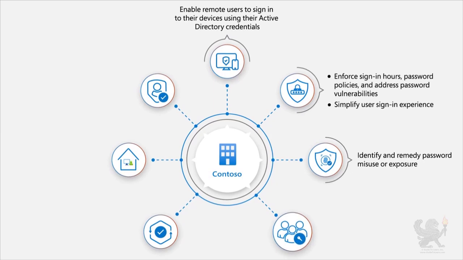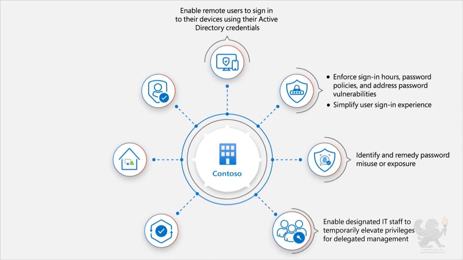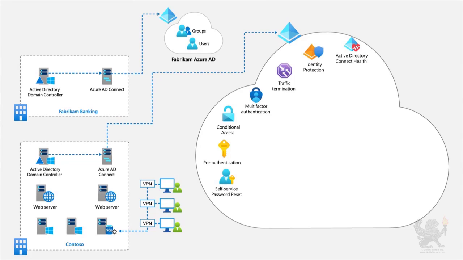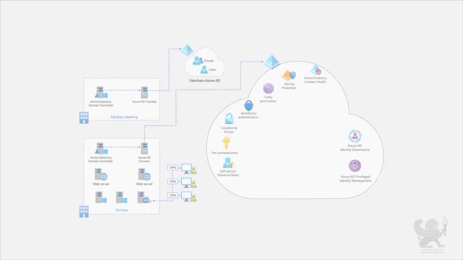The next requirement is to enable designated IT staff to temporarily elevate privileges for delegated identity and resource management subject to approval, audit, and regular review of member list and privileges. In addition to features that complement built-in Azure AD authentication capabilities, Contoso also implements Azure AD Identity Governance, including Privileged Identity Management, or PIM.